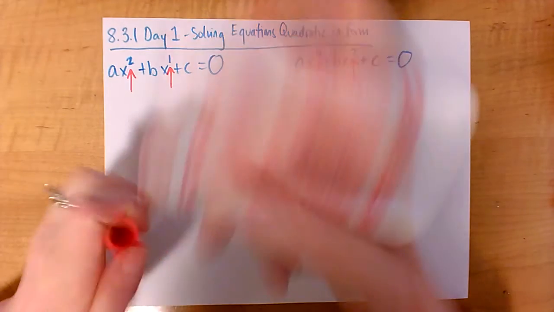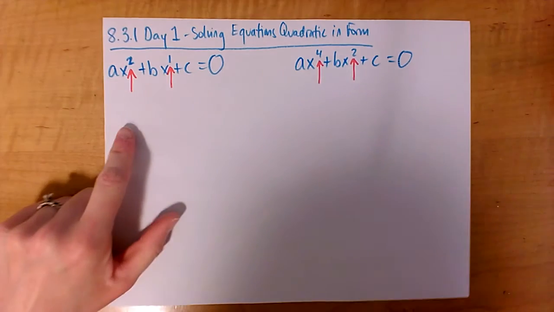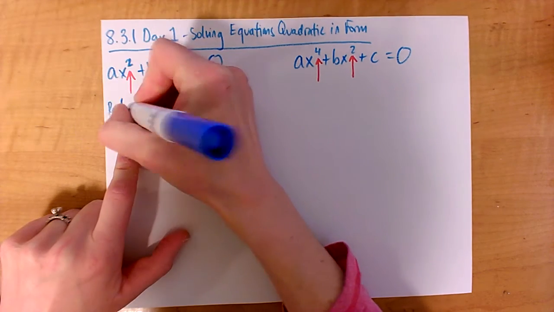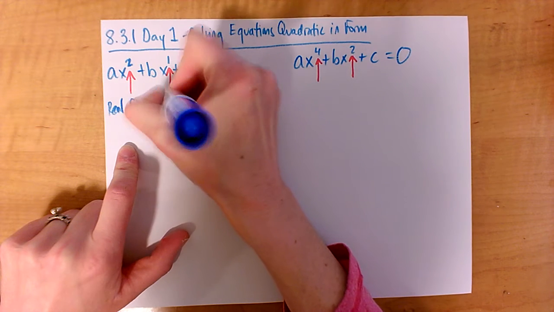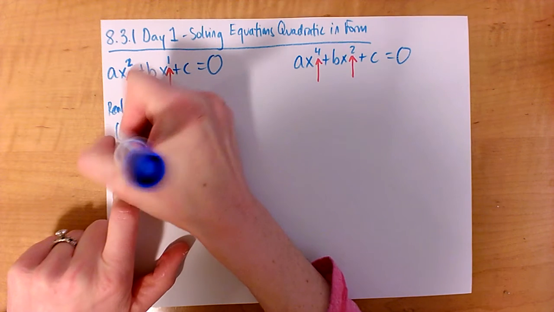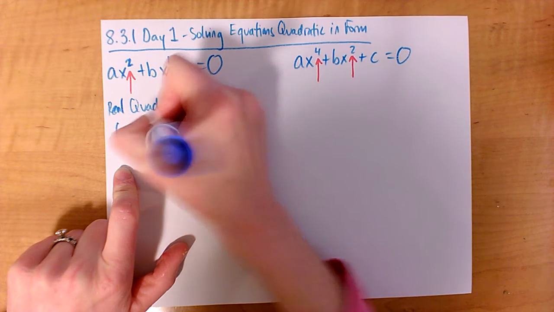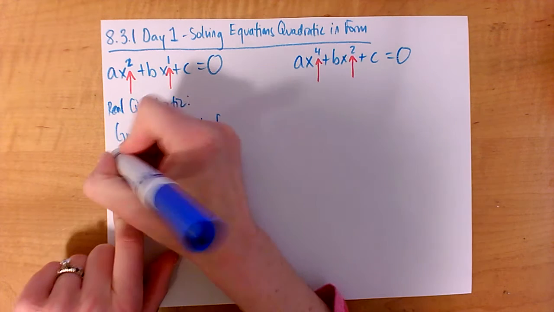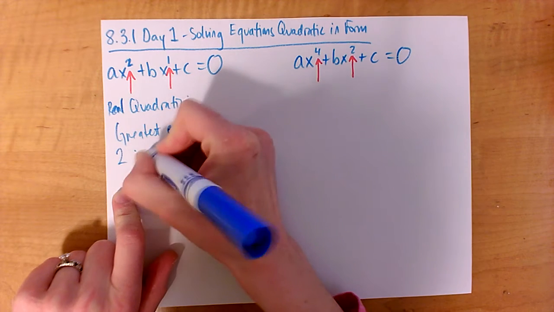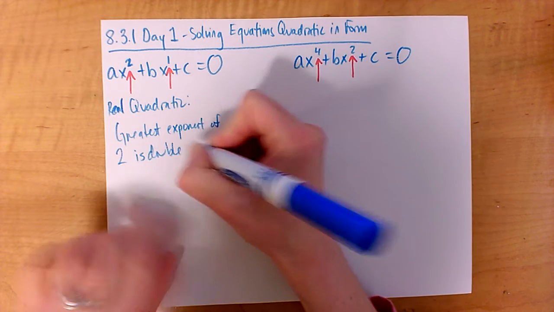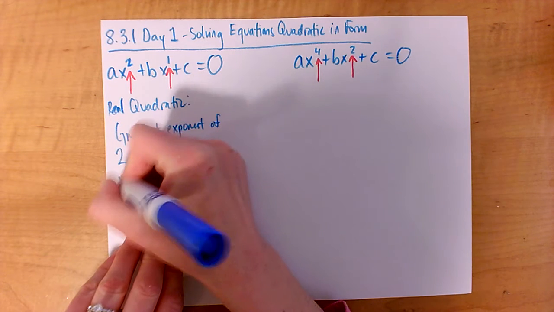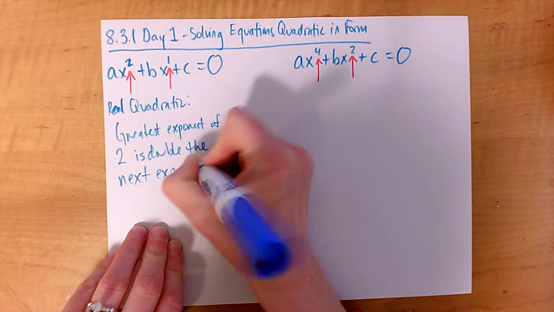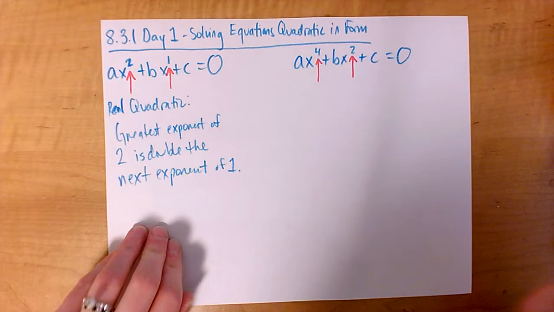And so what we have going on in the real quadratic is that our greatest exponent of 2 is double the next exponent of 1.